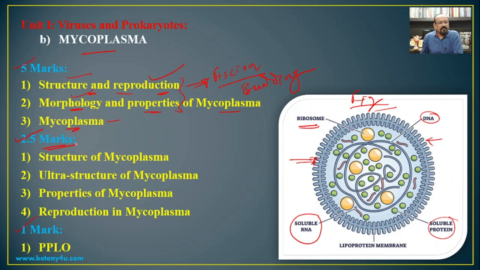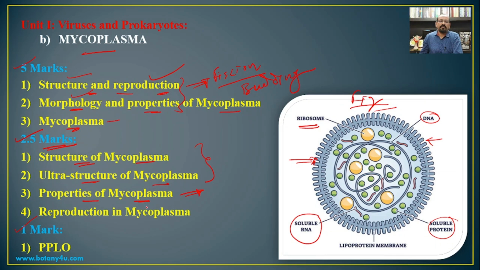Then in 2.5 mark questions, the same type of questions are asked, that is structure of the mycoplasma, then ultrastructure of the mycoplasma. Both questions are asked in a different manner, but the answer is the same. We have to draw the diagram of the mycoplasma and provide the structural details. Then properties of the mycoplasma, where we have to provide the different characteristics.